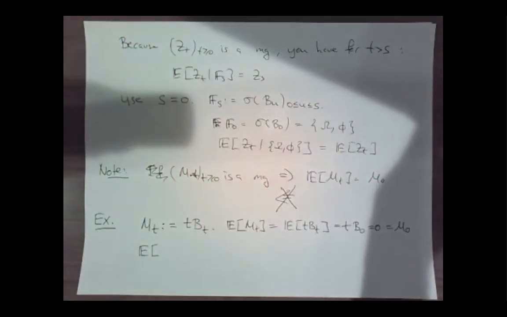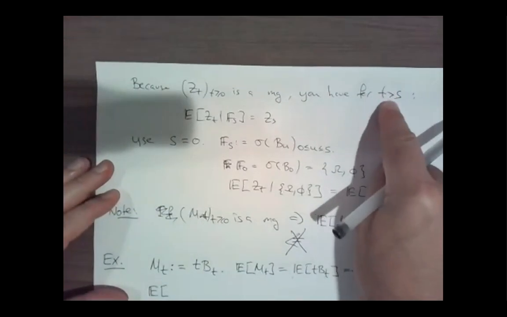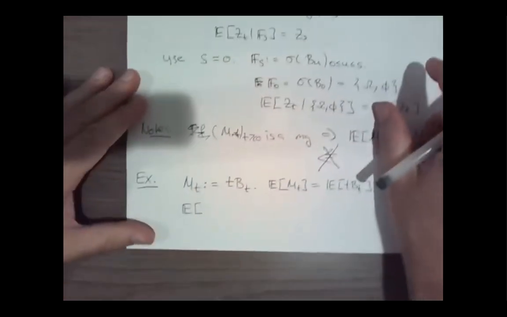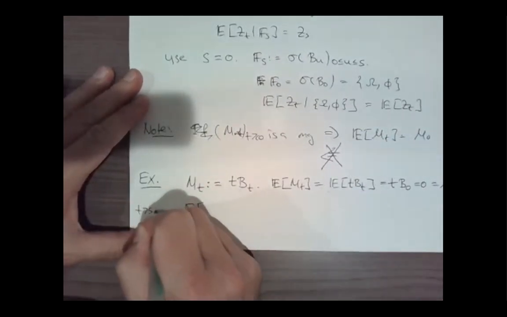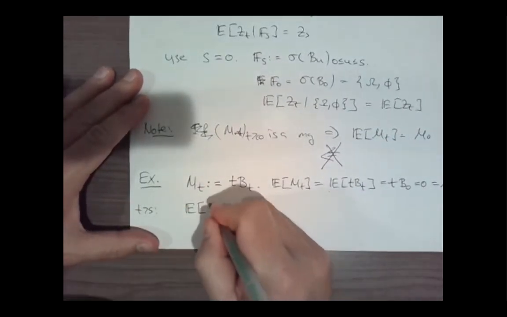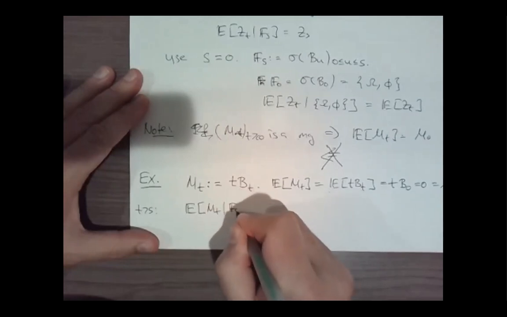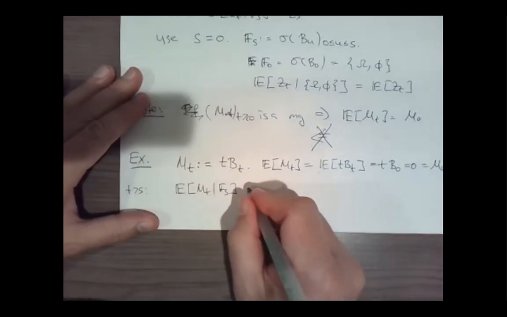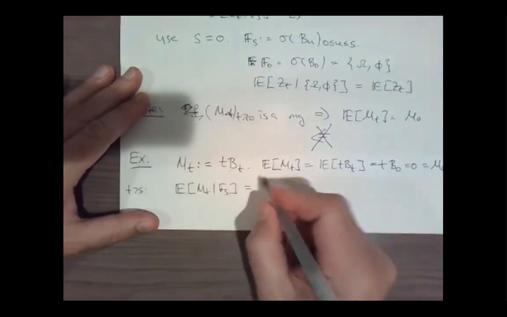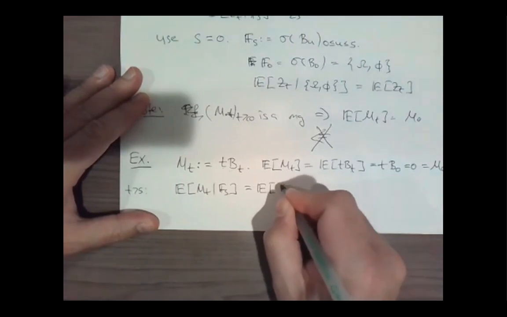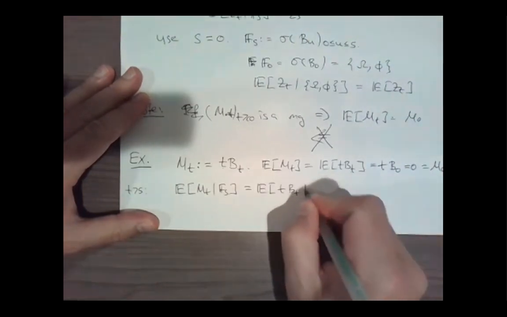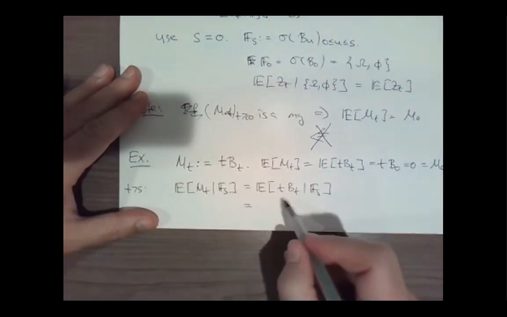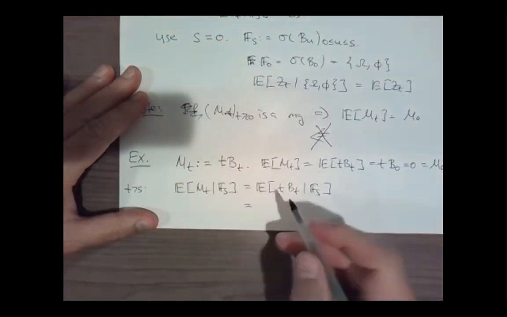Take t bigger than s, and then you have E of M_t given F_s. Plugging in the definition, that's E of t B_t given F_s. t was a constant, so it hops outside.